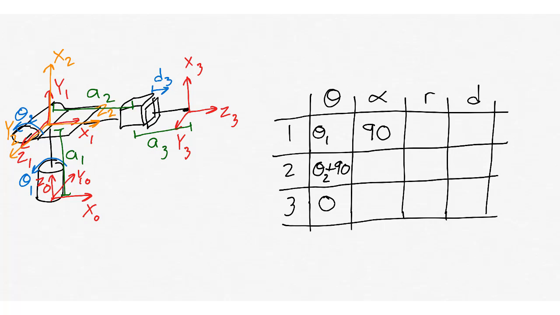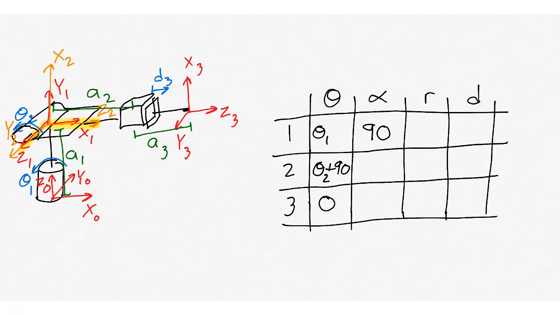Let's find alpha for the second row. The first thing we do is identify the two z directions. z1 is pointing out towards us, and z2 is pointing to the right. So I have to ask myself, how do we have to rotate the one frame around the x2 axis in order to get that z1 to match z2?